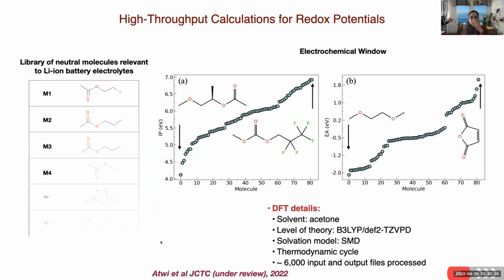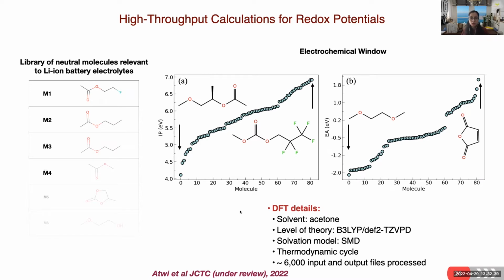So we have been using this workflow to compute redox potential. By now, we have computed thousands of molecules. Here I'm showing results of a few hundred molecules, which are relevant to lithium-ion battery applications, and include solvents such as carbonates, ethers, esters, etc. Again, we have been trying to use the higher level of theory that we have benchmarked to ensure good accuracy in these calculations.